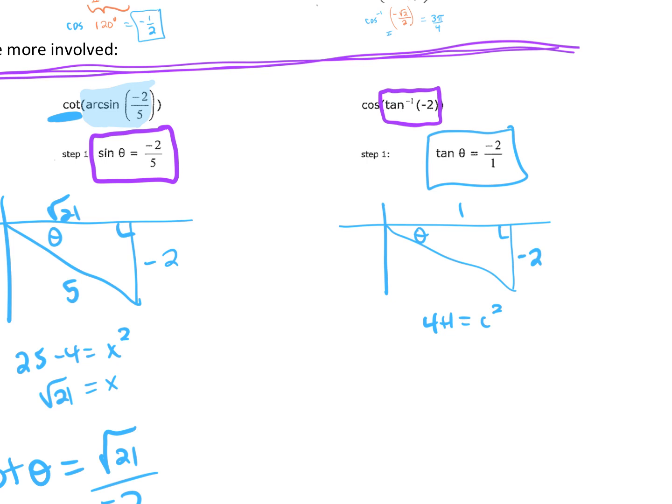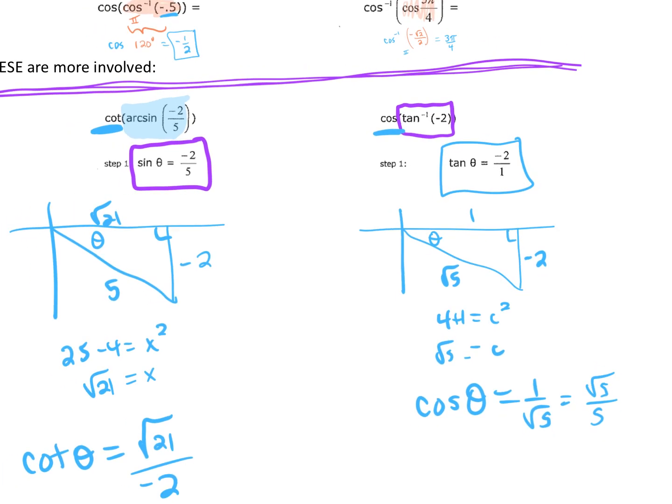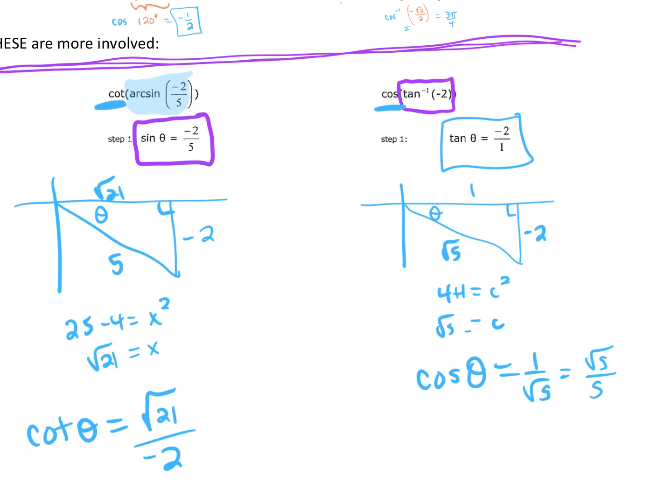So we end up with square root of 5. And what are we doing here? We're supposed to find our ratio for cosine. So cosine of theta, and cosine is going to be adjacent over hypotenuse, so 1 over root 5, which means root 5 over 5. Okay.